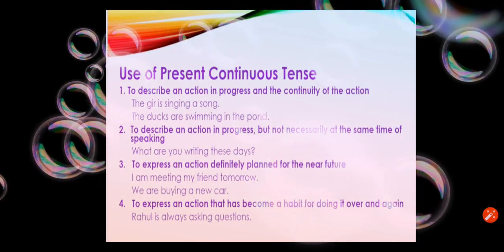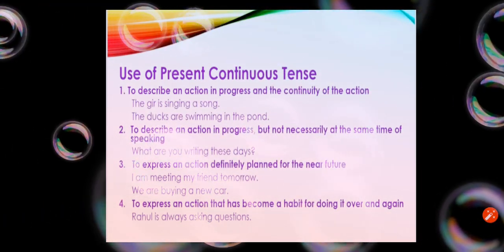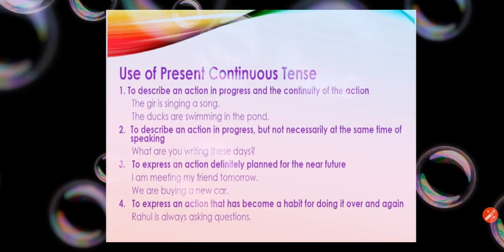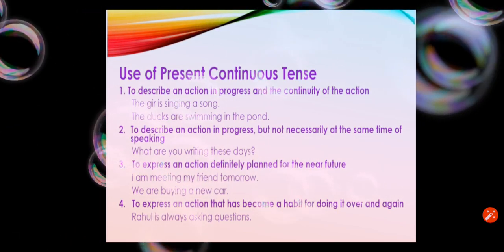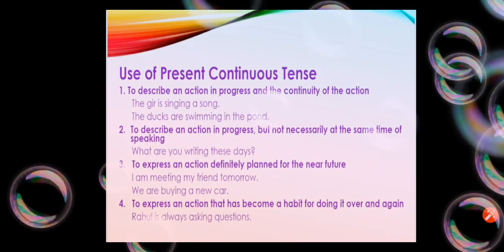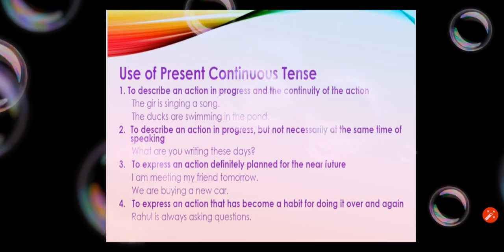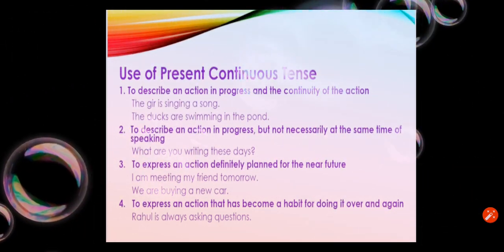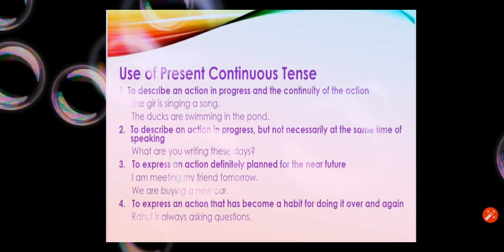Second, to describe an action in progress but not necessarily at the time of speaking. What are you writing these days? It means the action is in progress but at that time the person is not writing.